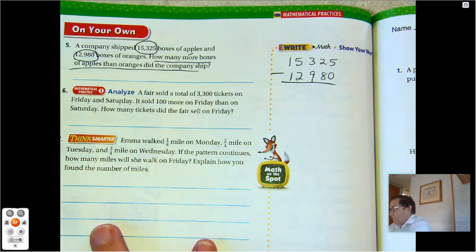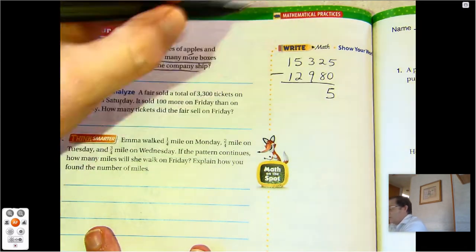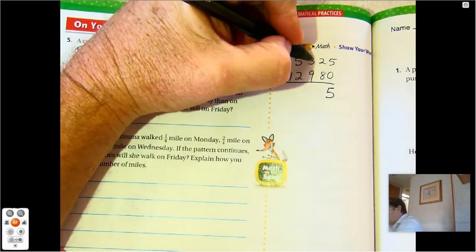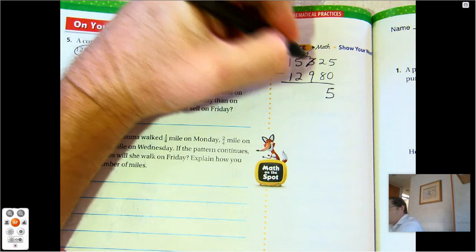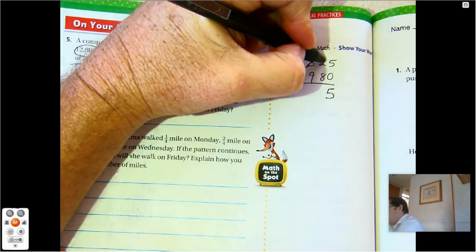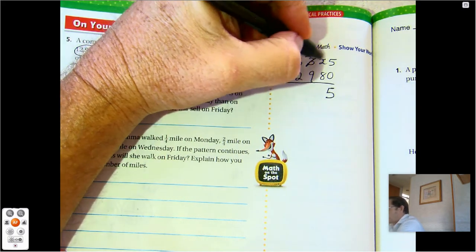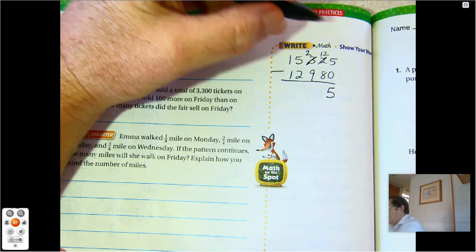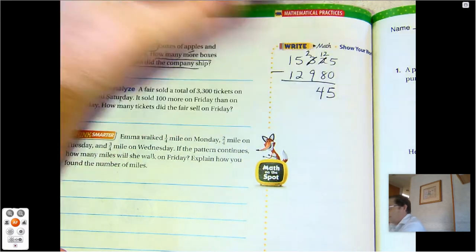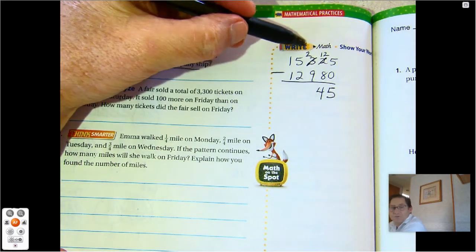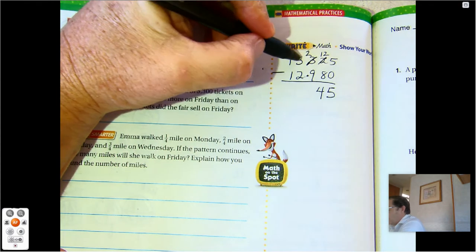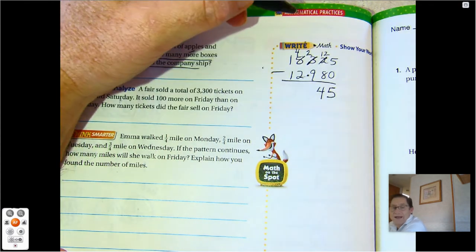5 take away nothing. We can do that. That's 5. 2 take away 8. I can't do that. So I'll borrow one of the hundreds and give 10 tens to the tens. So now we have 12 tens. 12 take away 8 is 4 tens. 2 take away 9. No, I can't do that. So I'm going to regroup one of the thousands.